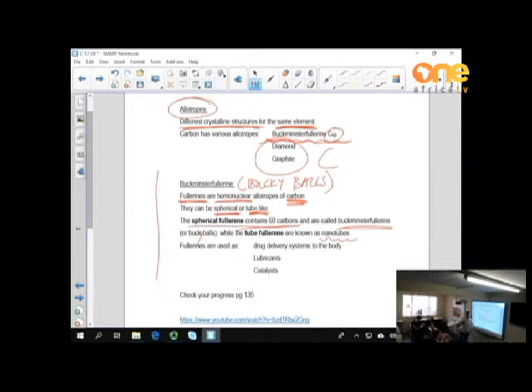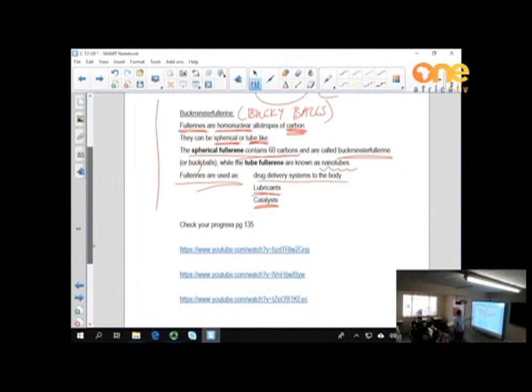There is less resistance in a nanotube than there is in a copper wire. At this point it is expensive, but it's where the new research is going. Fullerenes are used as drug delivery systems to the body, lubricants, and catalysts. We'll have a look at that when we get there.